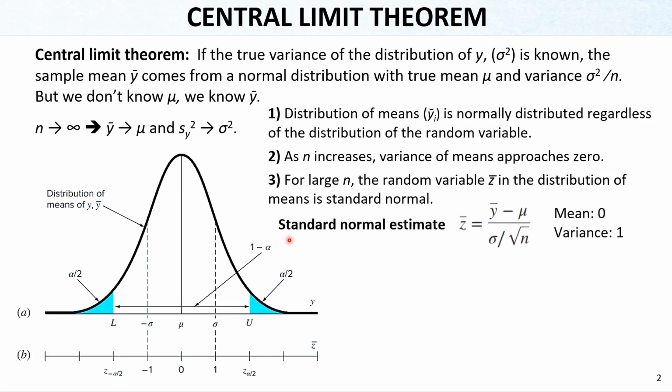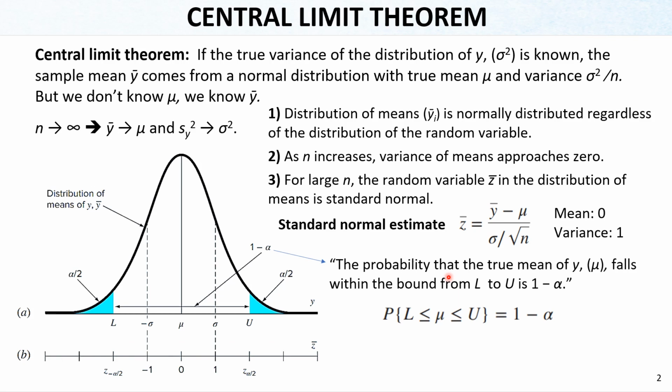And we will have the standard normal estimate for this graph in a normalized way. This is the sample mean, this is the true mean, this is the true standard deviation, and this is the number of samples. When we use this formulation, it gives us the standard normal estimate on this normalized axis.